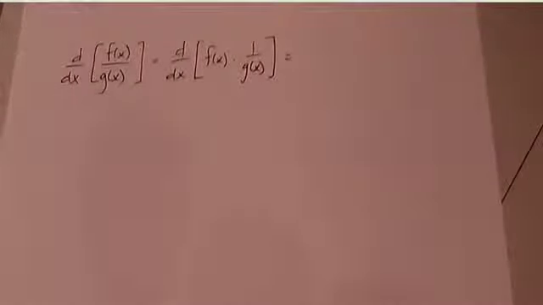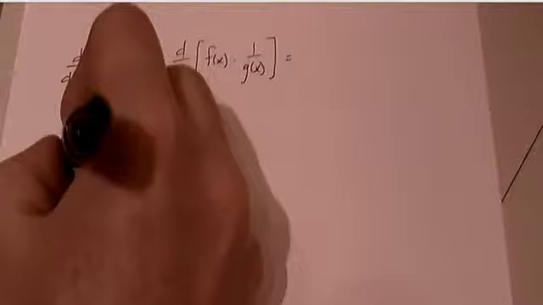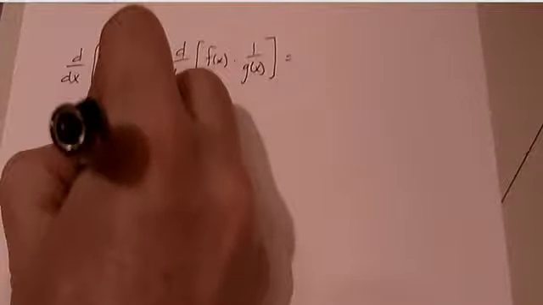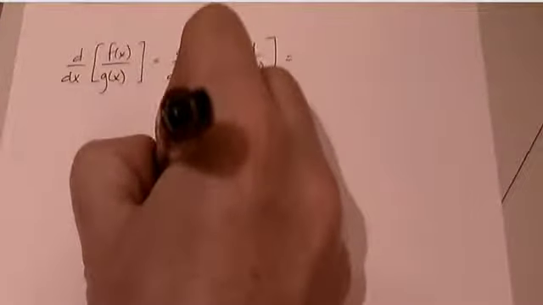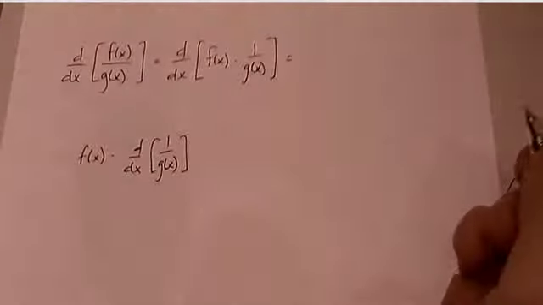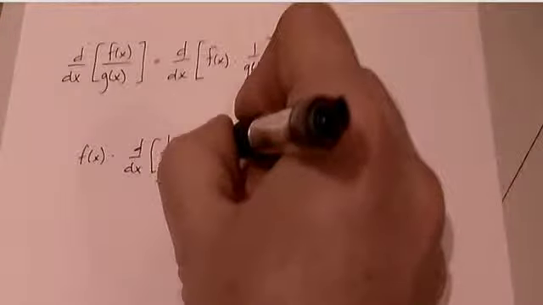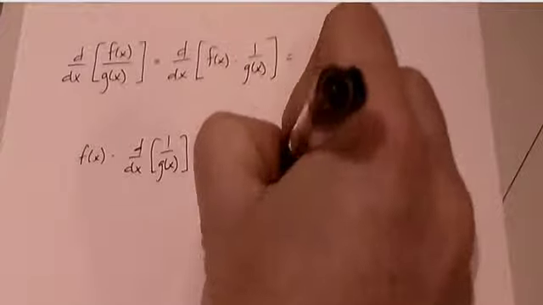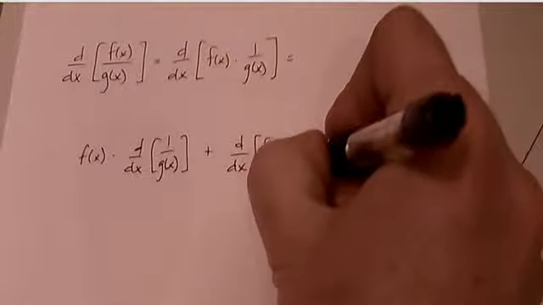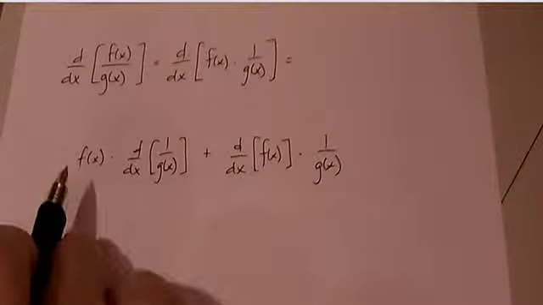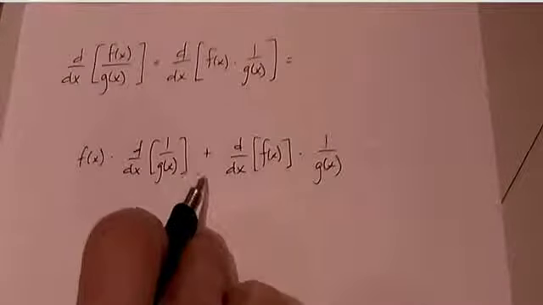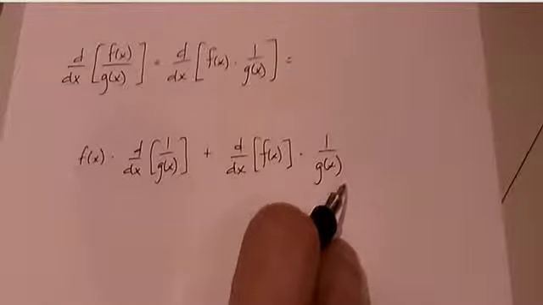And if that's the case, then what I really need is f of x times the derivative of 1 over g of x, plus the derivative of f of x times 1 over g of x, right? The first times the derivative of the second plus the derivative of the first times the second.